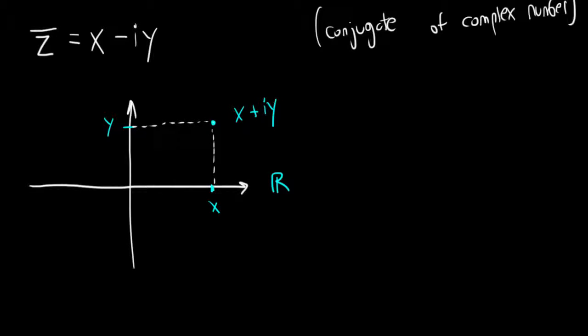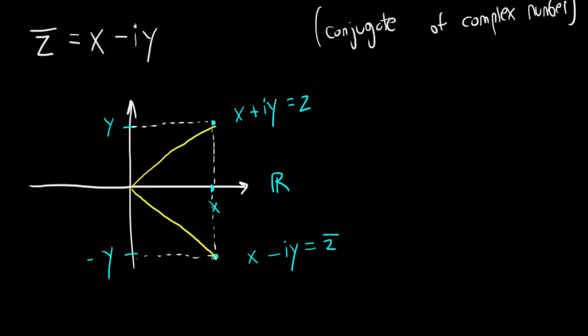So if we were to take the conjugate, if this over here was z, then if we're flipping the sign of y, we'll just have y minus down here. And that means that somewhere over here, we are going to have x minus iy, which is equal to the conjugate of z. We'll draw some dotted lines right over there. So we see that that's how it's going to change. It's going to change from going up here to going down here. So that is the effect that the conjugate will have.